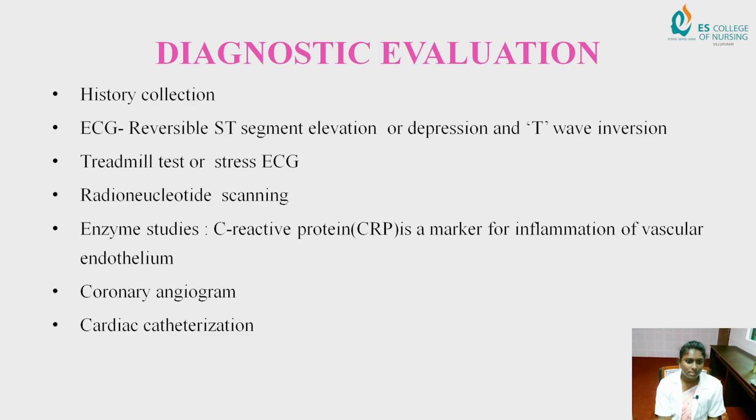Enzyme studies: C-reactive protein is a marker for inflammation of the vascular endothelium. Next is coronary angiogram, where we can find where the problem is, and then cardiac catheterization. Through these diagnostic evaluations, we can diagnose whether the patient is affected with angina pectoris.